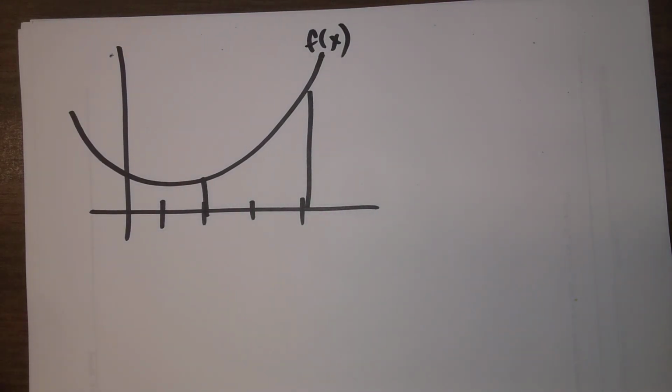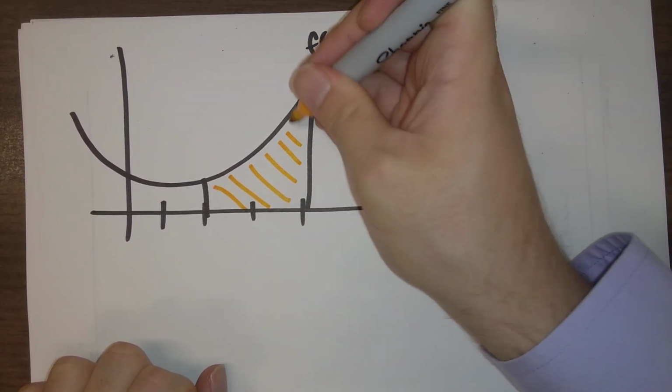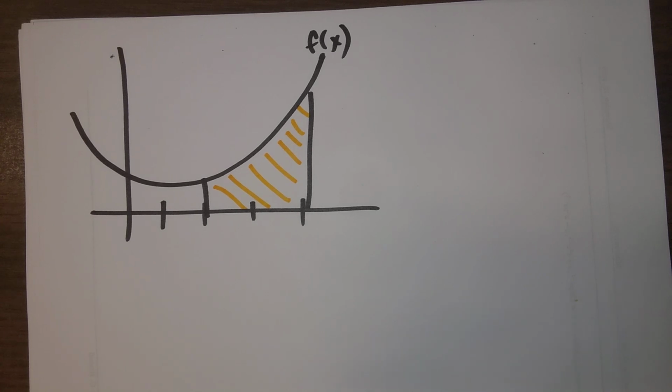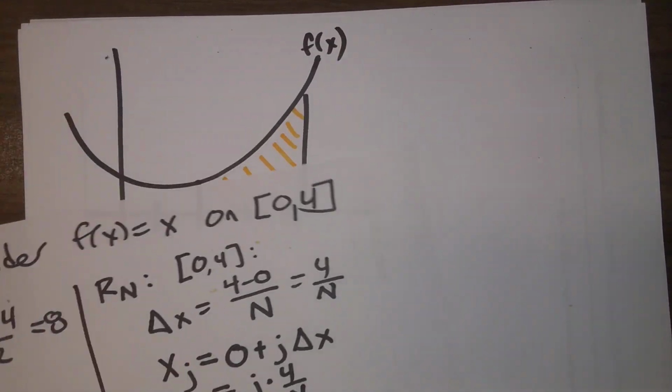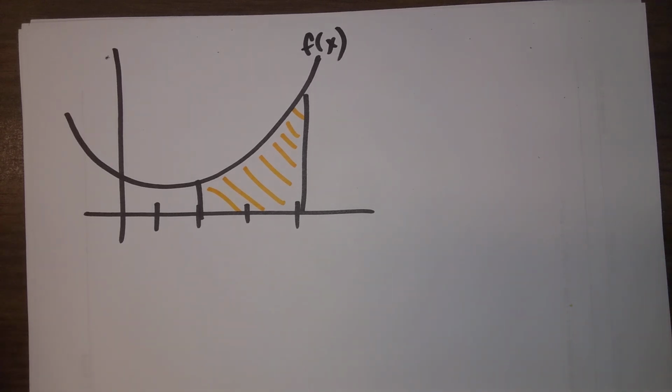I don't think our high school geometry classes gave us formulas to calculate the area under a parabola. So this is non-trivial compared to the previous case, finding the area of a triangle, which we can do in high school geometry. But here we have a new problem that I don't think we can do without resorting to these calculus techniques.